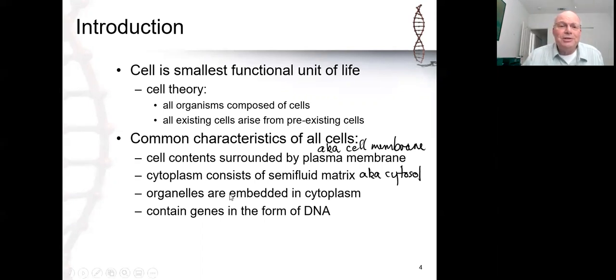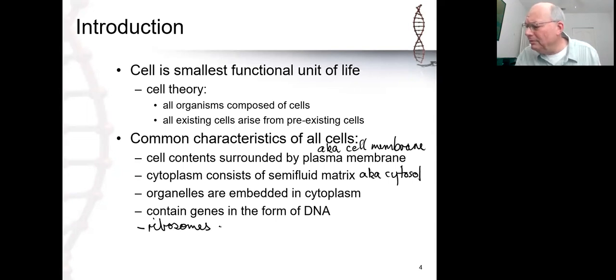So these are considered to be the common characteristics of all life forms. I'm just going to add a note in here. Ribosomes are also universal.